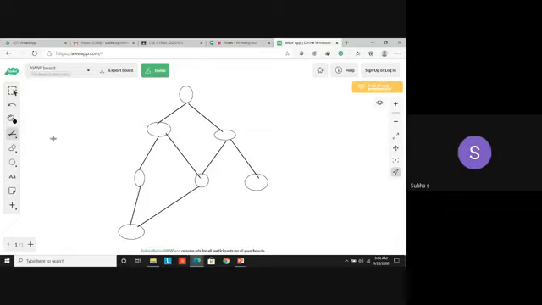You name the vertices 1, 2, 3, 4, and so on. So there are 7 vertices, and these 7 vertices we have to visit.